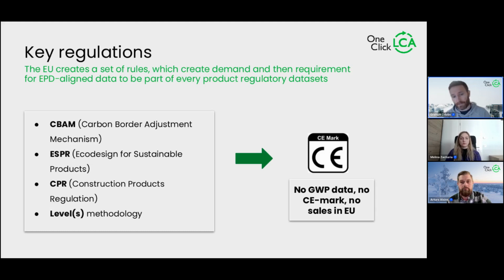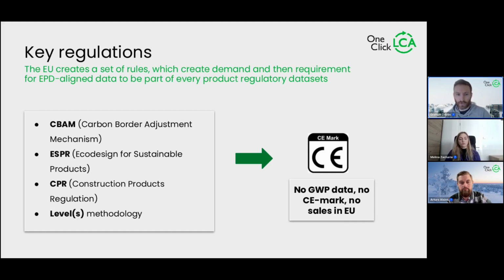And focusing in maybe on CBAM, it's one of the hottest topics, I would say, at the moment in this space. What it's focusing on, at least initially, is the imports of goods in certain categories: cement, iron and steel, aluminium, and then some others outside construction, fertilizers, electricity, hydrogen.